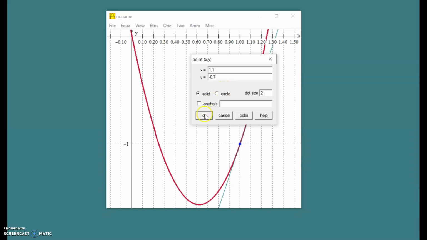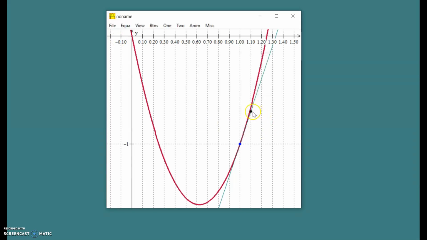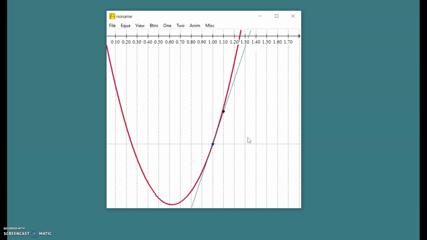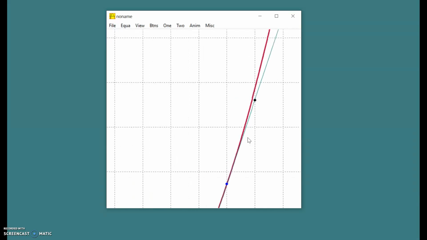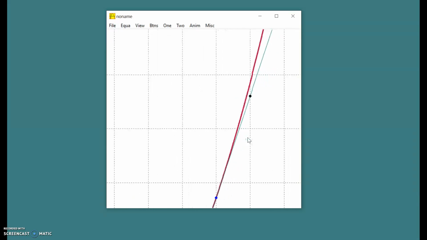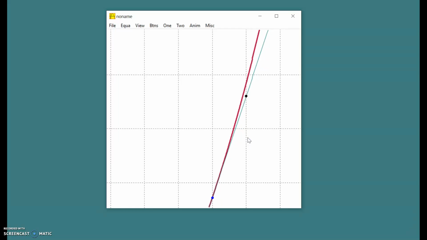Now we'll zoom in, and you can see that there's a little bit of separation between the graph and the tangent. The little black dot here indicates the estimated value when we use the tangent at 1.1. This dashed line that goes down through the point is when x is equal to 1.1. The y coordinate here is negative 0.7. You can't see that because we're zoomed in too far and we don't have a scale.